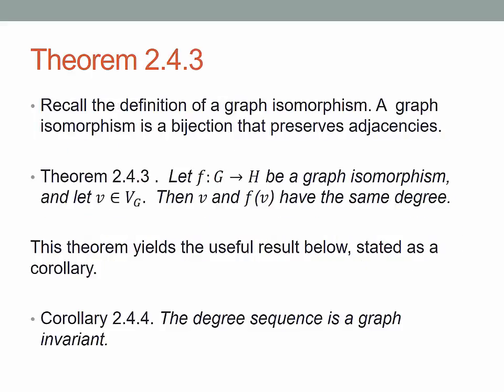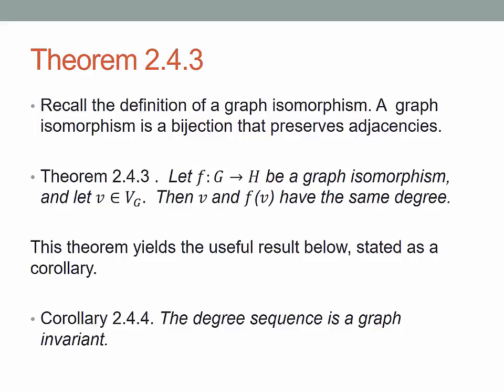Theorem 2.4.3 states that if f is a graph isomorphism and v is a vertex in the graph G, then its image in H, f of v, must have the same degree as v. So another way to think of it is vertices have to map to vertices of the same degree.